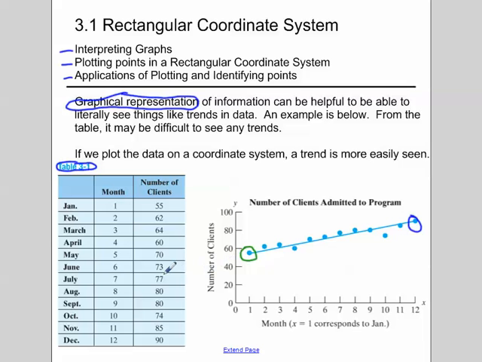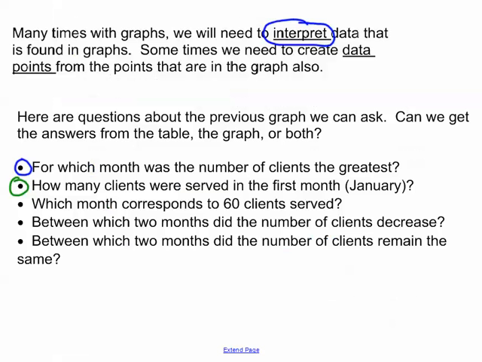You'd have to go back to the table, which would probably be an easier way to find the information. Sure enough, it'd be 55, because halfway between 40 and 60 is 50, and halfway between there is 55, and you'd be hard-pressed to get more information than about 55 from the graph. But if you go to the table, you can see that in the first month we had 55 clients. So that's an example of getting information from either the table or the graph to get it more quickly.